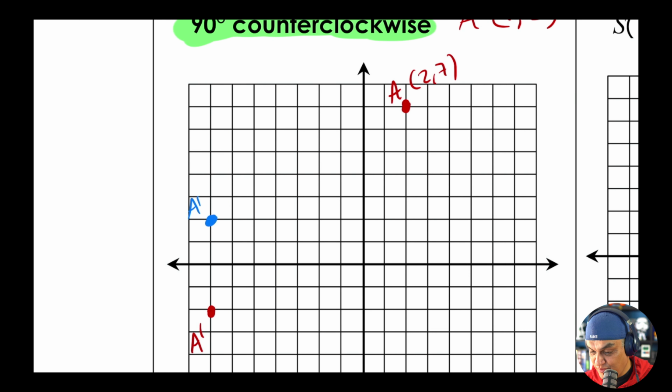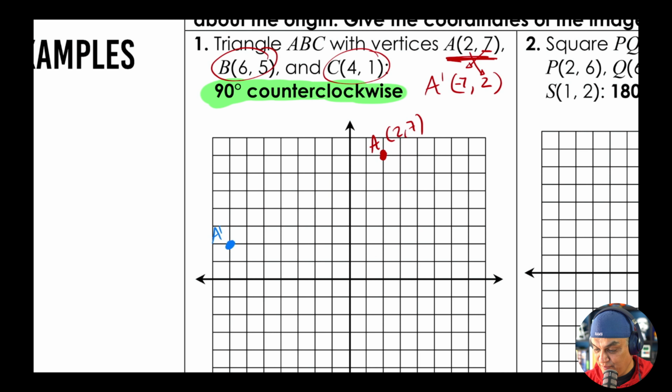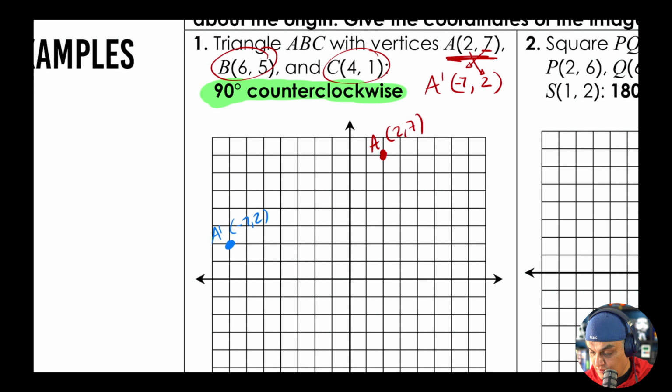There's A prime. Not this one. So that's A prime, negative 7, positive 2. Okay. Sorry about that. Thank you.